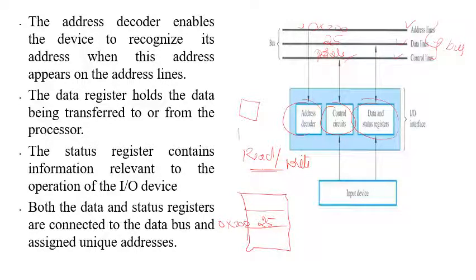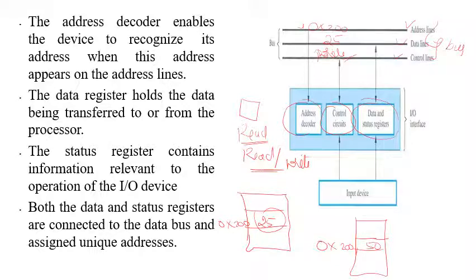Similarly, if you give the read command to the control signal, it will read the data that is present in 0x200. By default, let us assume that before executing this instruction, the address 0x200 holds the data 50h.